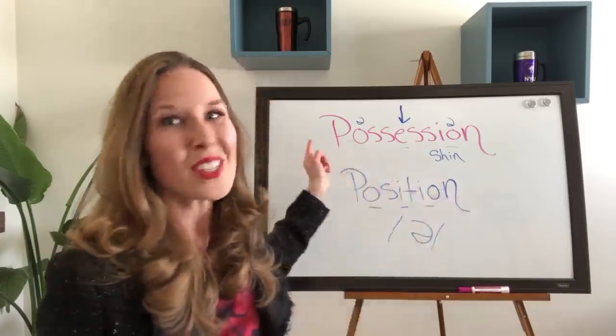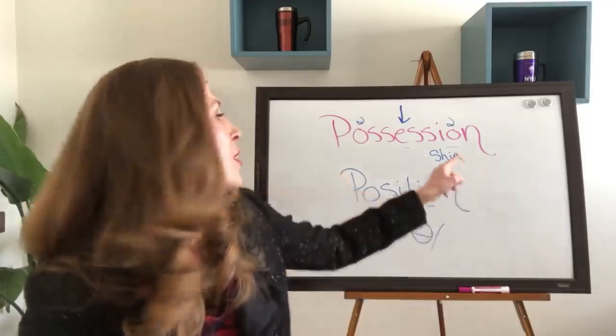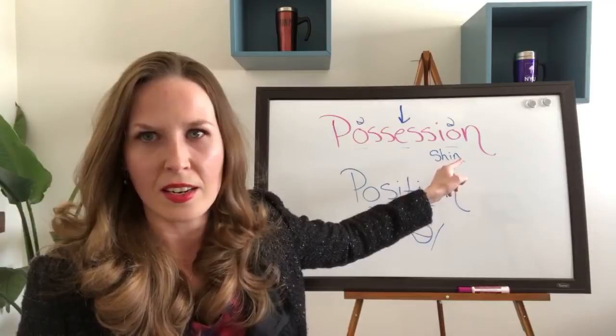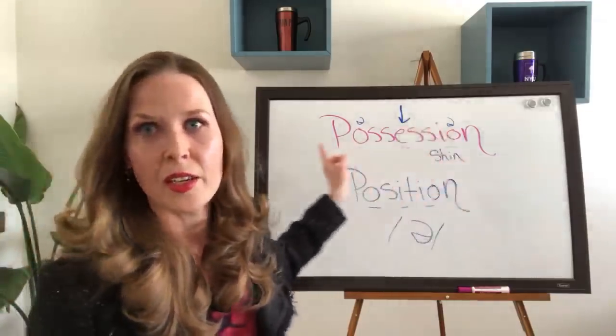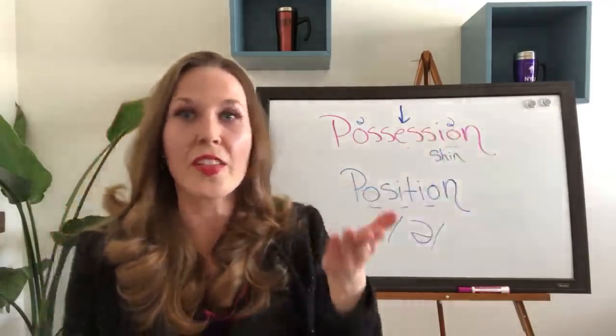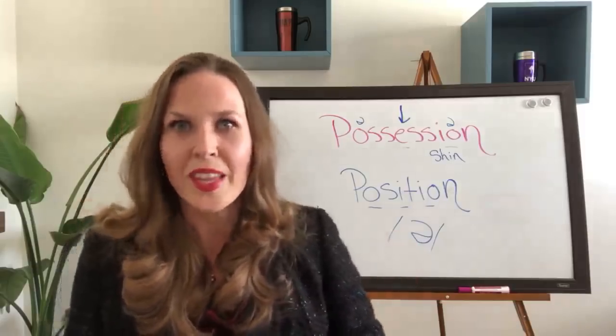But it's a different sound than here. The vowel sound is slightly different. So it's a shin. Repeat, shin. Okay, good. So we have possession. Okay, try that. Possession. Okay, awesome.